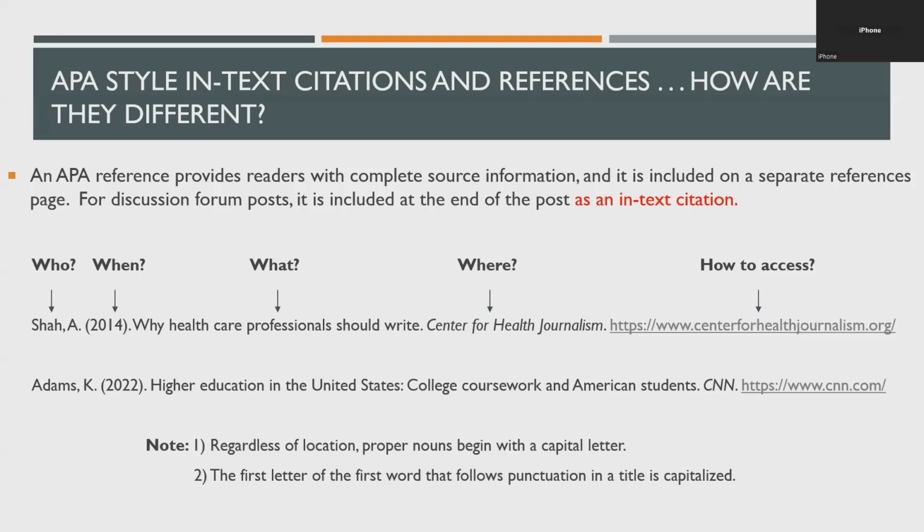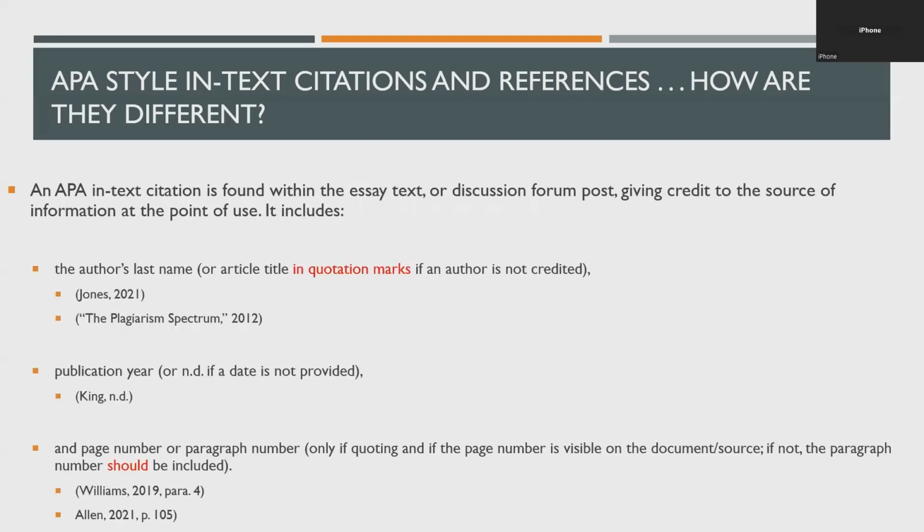So this is our breakdown of a reference here on screen. Now we're going to look at doing in-text citations. So we use in-text citations basically anytime that we use information from a source. It doesn't matter if we're quoting that source or paraphrasing that source or summarizing that source.